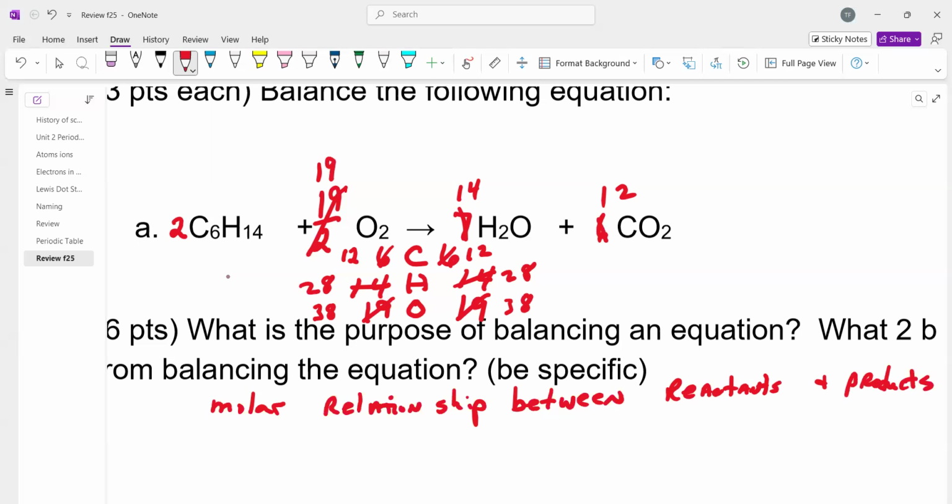Okay, it's a molar relationship. Again, everything in chemistry is moles, moles, moles, moles. So it's a molar relationship between reactants and products.